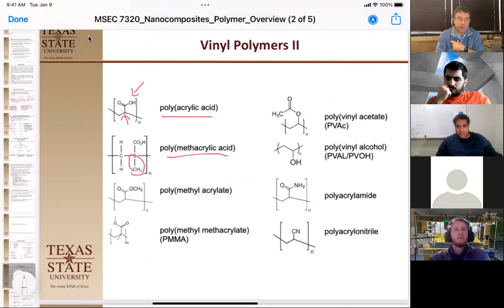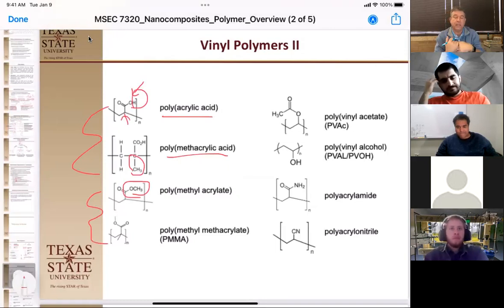Then there's methacrylate. So this has a methyl group instead of the hydroxide here, making it not water soluble. So these can be water soluble and these are not water soluble because we've taken that hydrogen bonding OH group off. And then PMMA is really common and for a number of different uses.